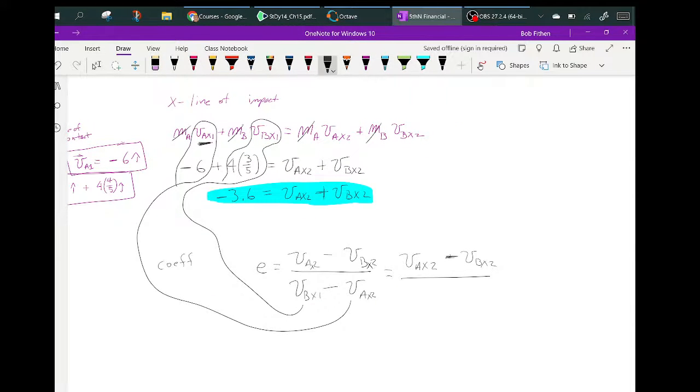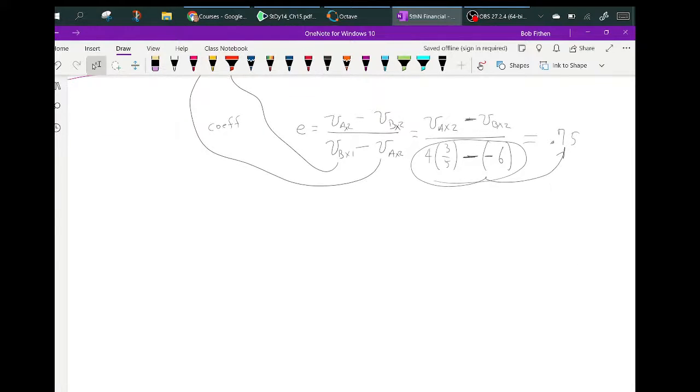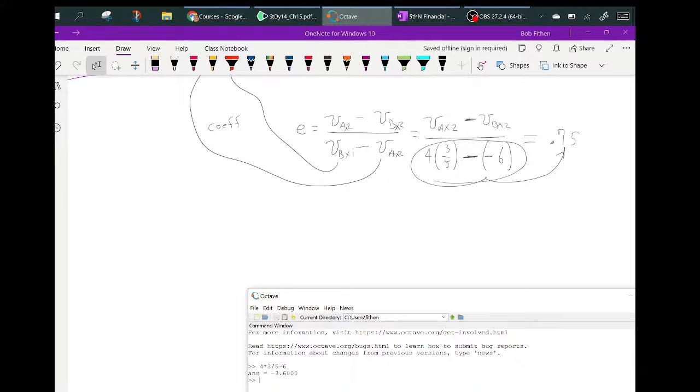So if I put this in here for 3/5 minus a minus 6. Now, I know he told me this is 0.75. So now I've got to just figure out what this is, multiply it times that. And so if you don't mind, I'm going to move this up the page and try to find that.